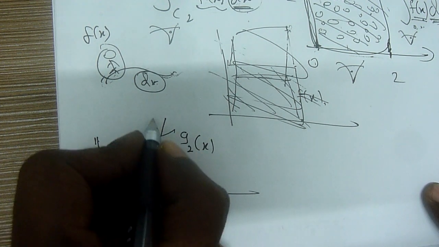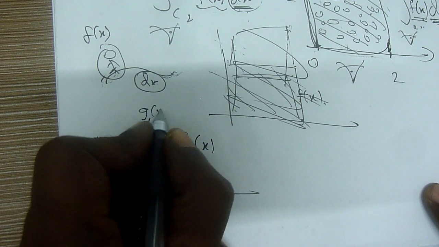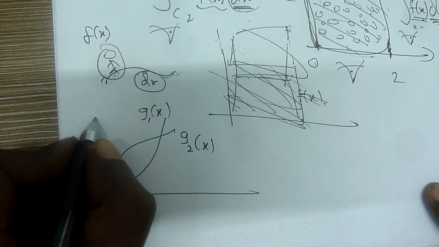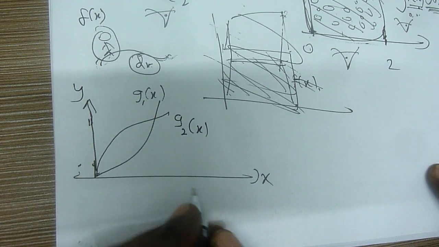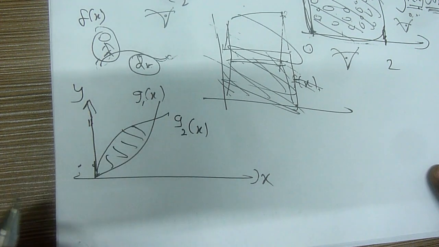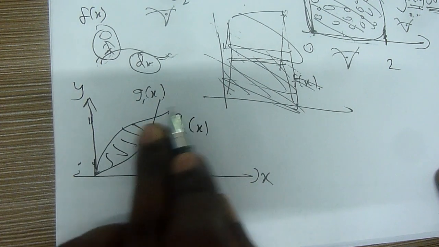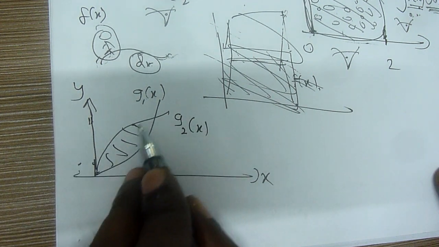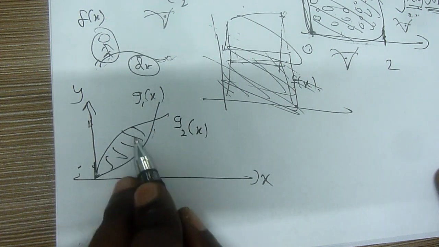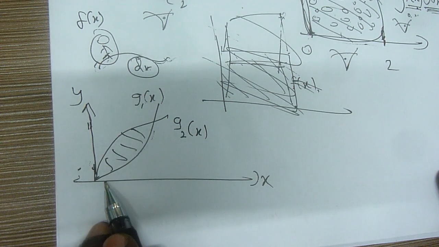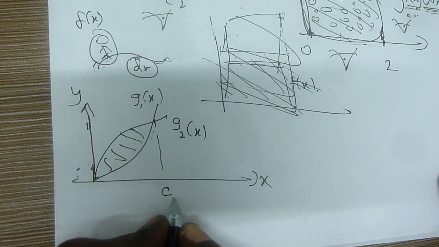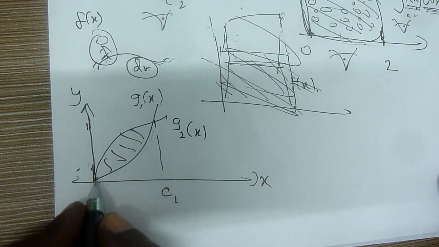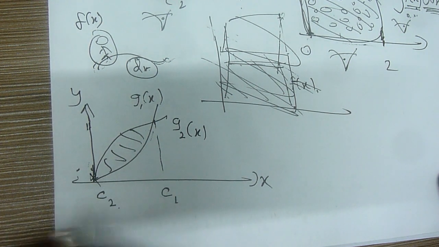This one is G2X, this one is G1X. This is Y, this is X. Let's say I wanted to find the area of this, using the simple rules without the ghost first. Is it possible? The simple thing to calculate here is C1, and this one will be C2.